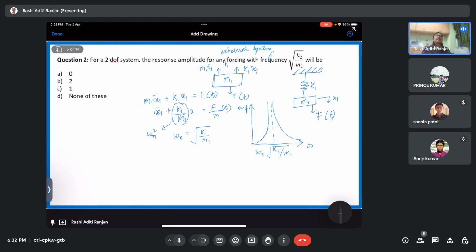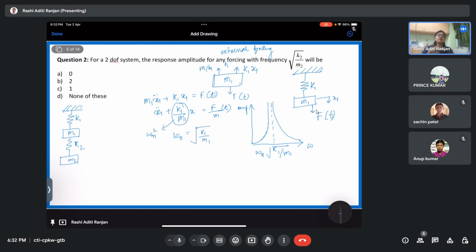Now, if I introduce another mass below it, m1, and I introduce another mass over here, m2, I'm going to have k1, k2. Now, what are the probable effects it can cause? Intuitively, what can I say? The probable effect is that under root k1 by m1 is not going to be a natural frequency.